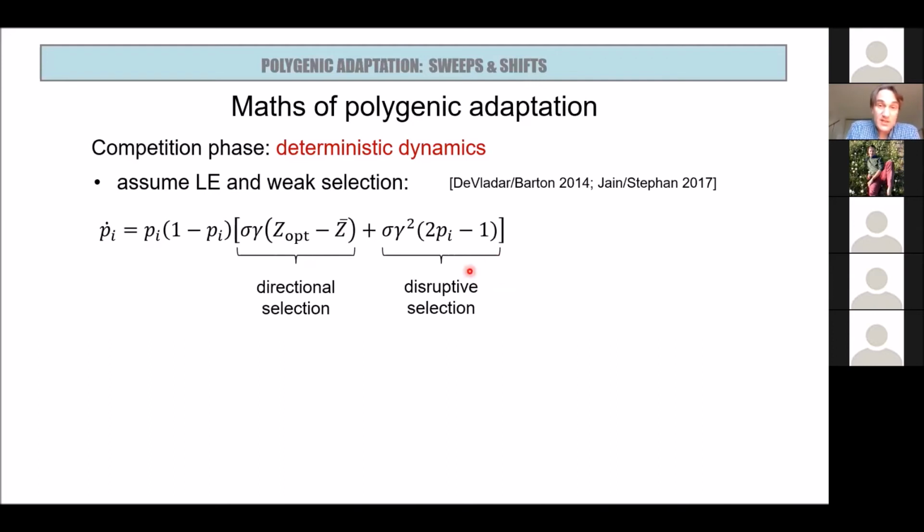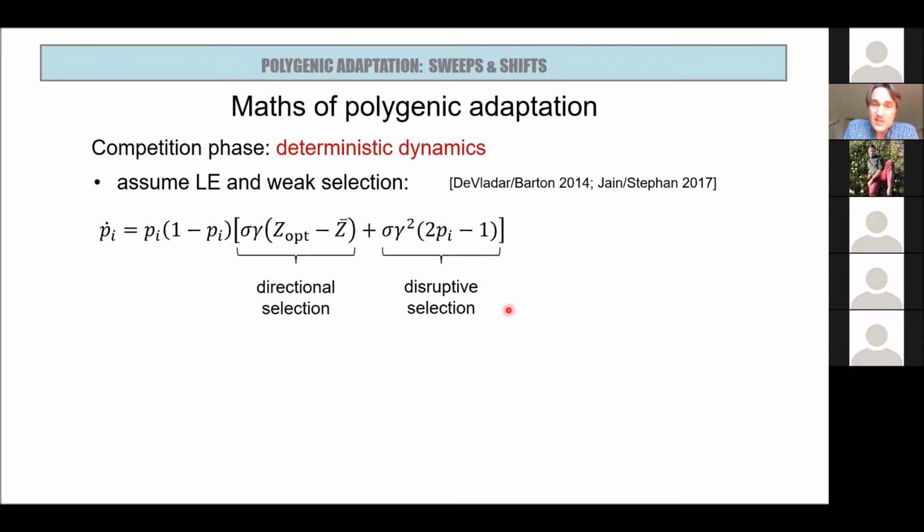On the other hand, there's a second term, and this is disruptive selection on the level of single loci. And this may be a bit surprising at first: why does stabilizing selection on the level of the trait lead to disruptive selection on the level of single loci?